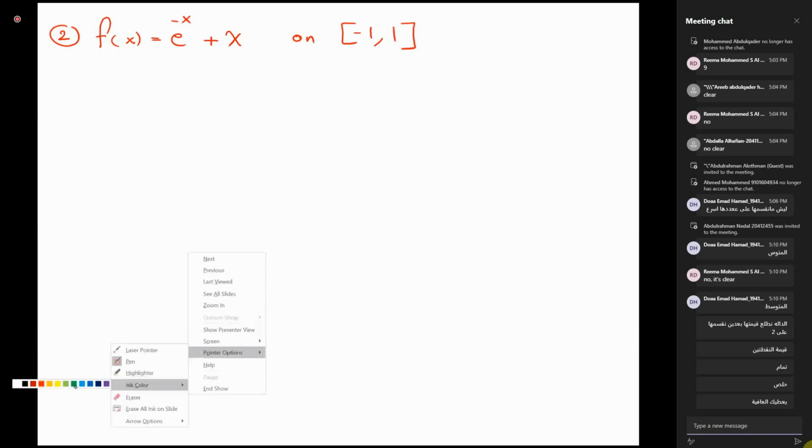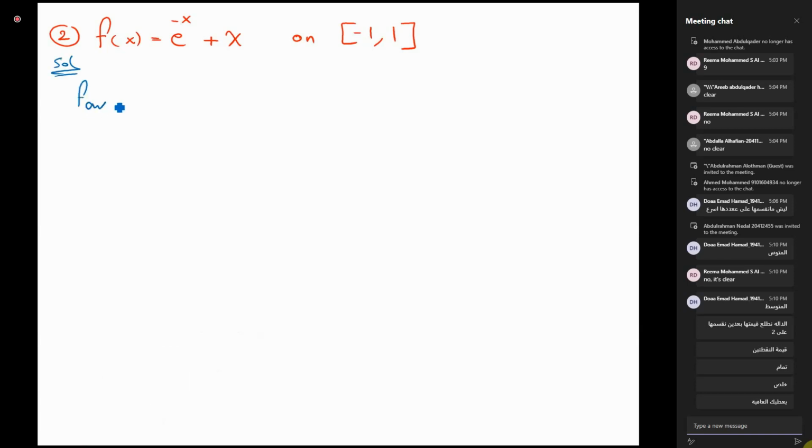Okay, so we have f average equal 1 over b minus a multiplied by integration a to b for f of x dx. This equal 1 over 1 minus negative 1, integral from -1 to 1 for e to the power minus x plus x dx.